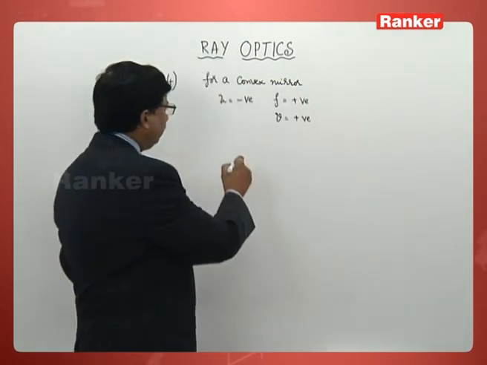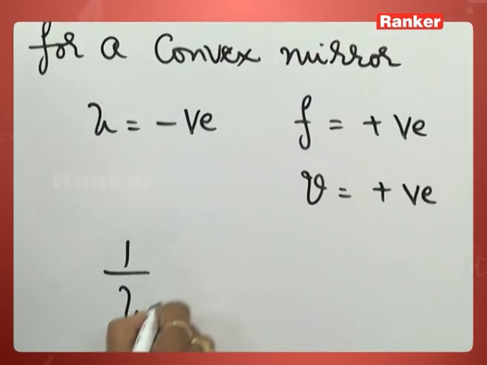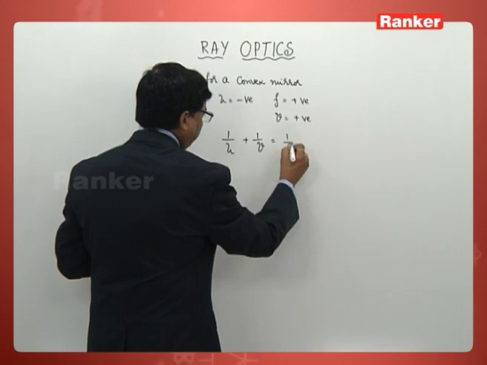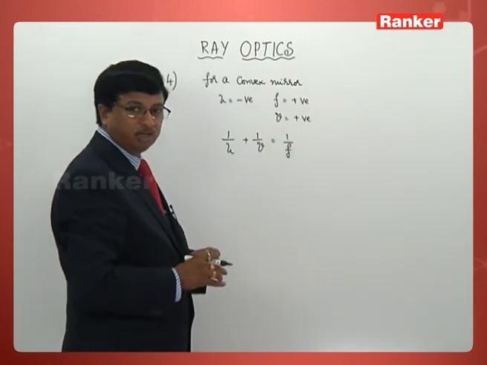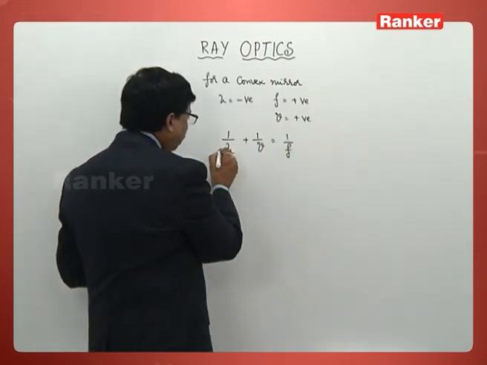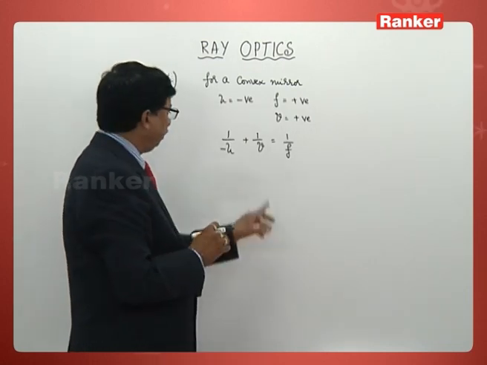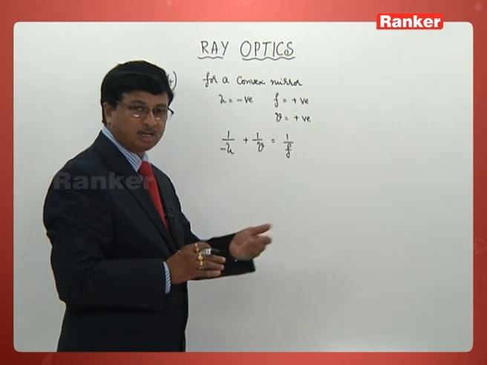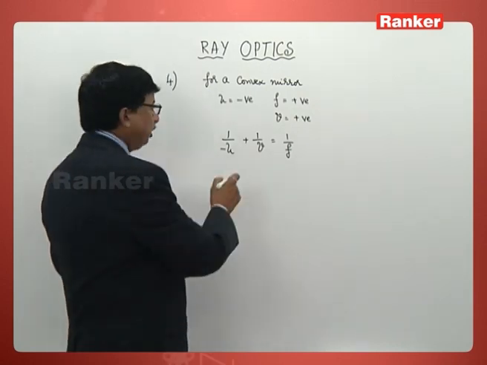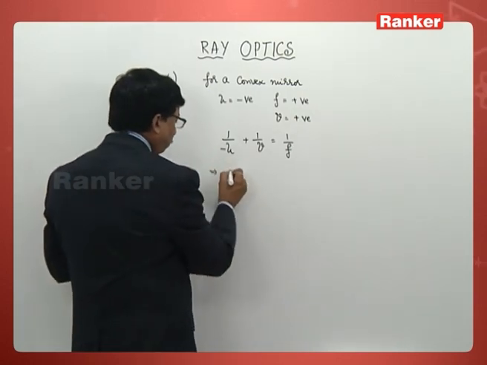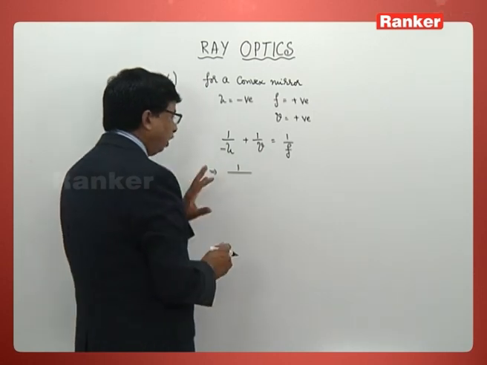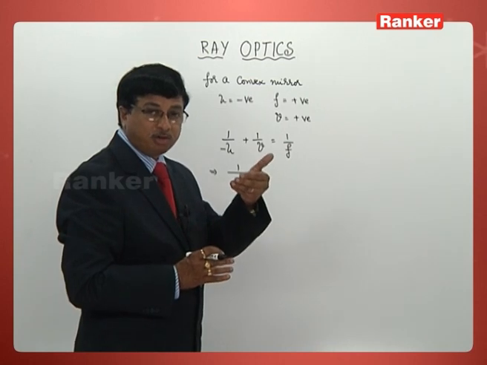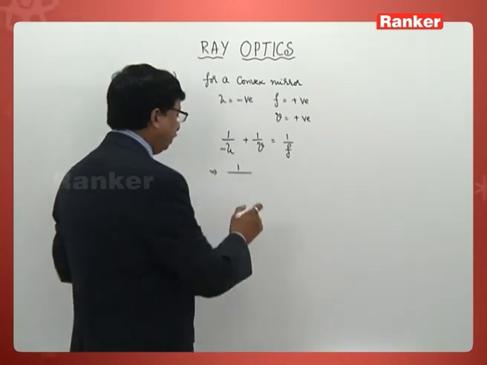So you directly can write this way, 1 by u plus 1 by v is 1 by f, that is mirror formula officially. This u now to be taken with a negative sign, the other two will have the same values with the same signs. So what can we write now in this case? This now is 1 by, at what distance the object is placed? It is at a distance f by 2 from the pole he is telling.